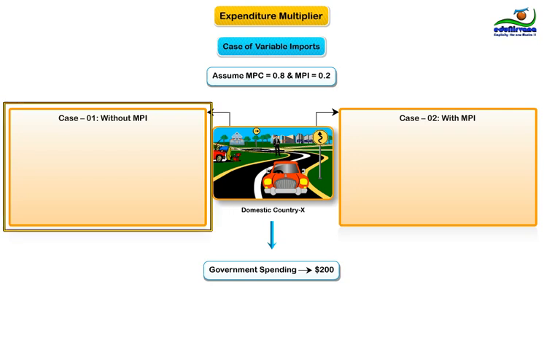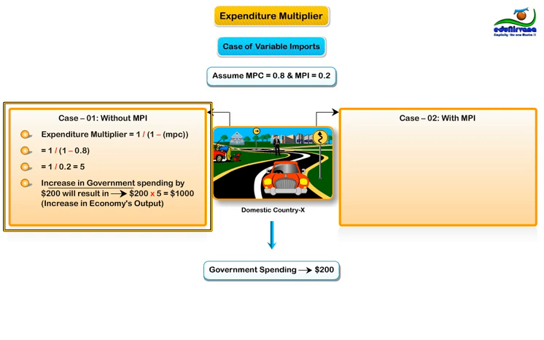In case 1, without marginal propensity to import, the expenditure multiplier will be 1 divided by 1 minus MPC, that is 1 divided by 1 minus 0.8, that is 1 divided by 0.2, which results in 5. So a $200 increase in government spending will result in $200 into 5, that results in a $1,000 increase in overall output of the economy.